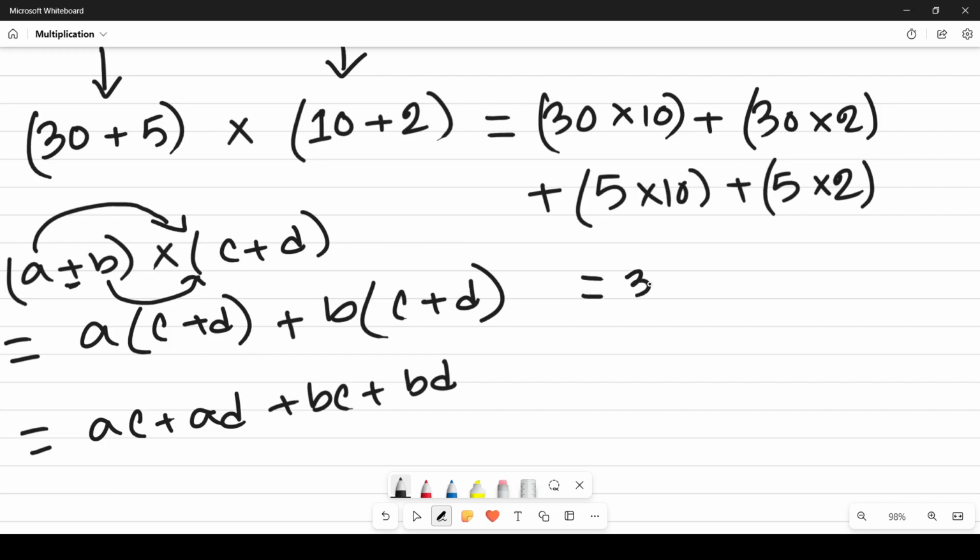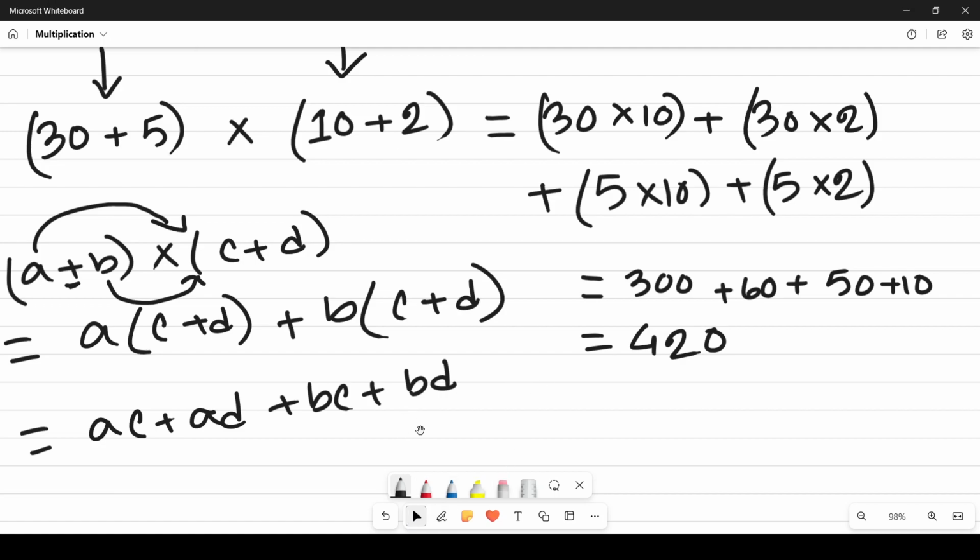We get 300 plus 60 plus 50 plus 10. So if you add all these values, you get 50 plus 10 is 60, 60 plus 60 is 120, you get 420, easy peasy, right? So this is the split method, and then we easily do it.